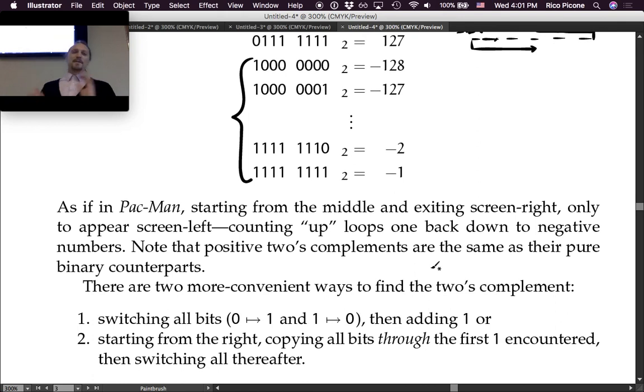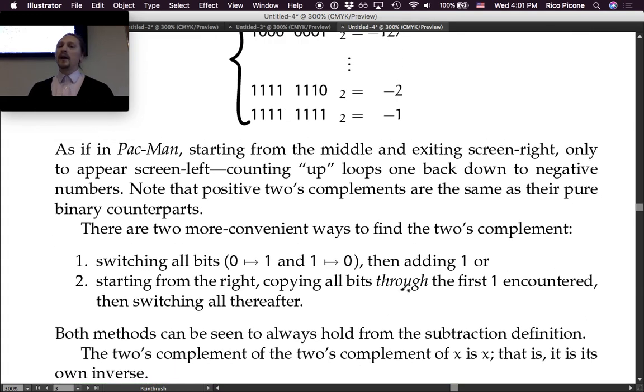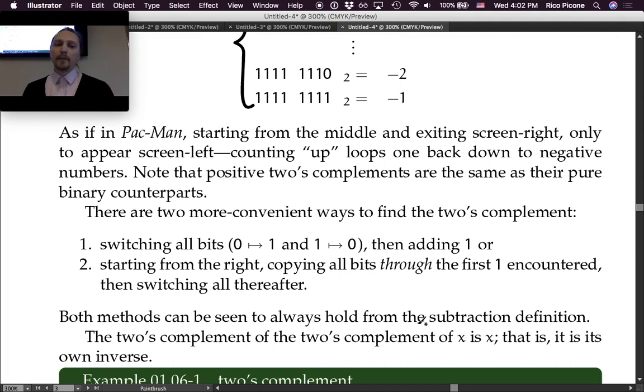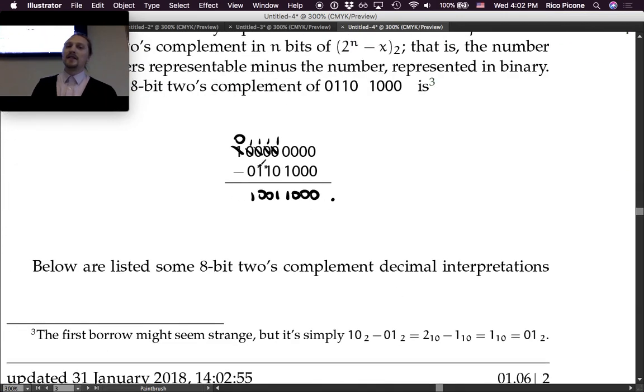Unbelievable. Okay, so note that positive 2's complements are the same as their pure binary counterparts. It's the negative ones that are different. So there are two more convenient ways to find the 2's complement. Instead of doing 2 raised to the number of bits and subtracting that like we did over here, you can always go back to this definition and do the subtraction.